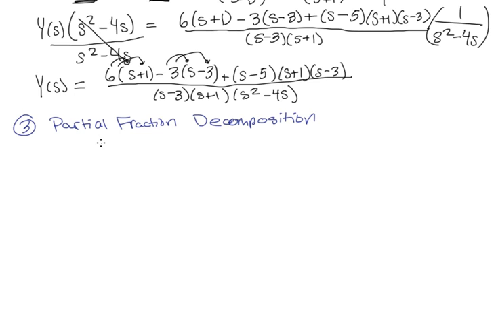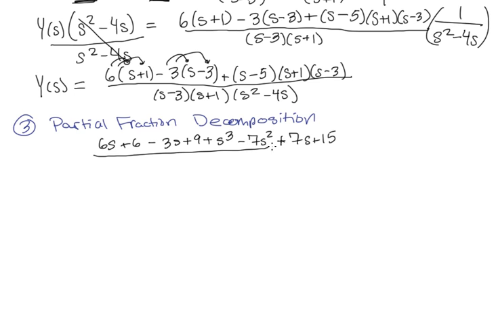we'll get 6s plus. And to make our lives much easier when we do the partial fraction decomposition, this s squared minus 4s, well, they both have an s, so we can factor out that s, and we'll get s minus 4.